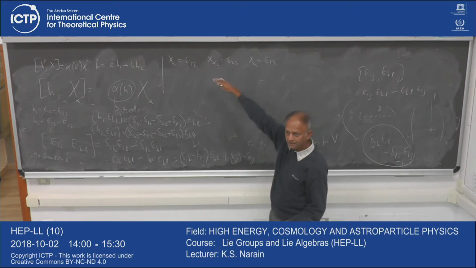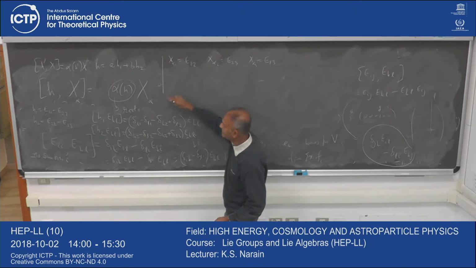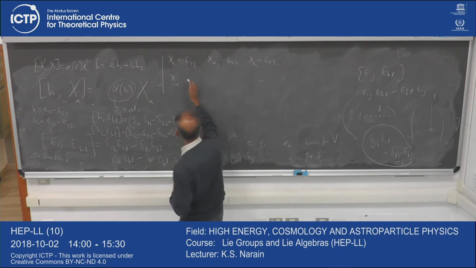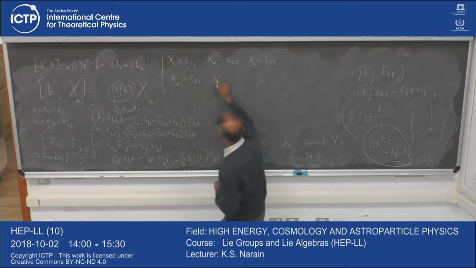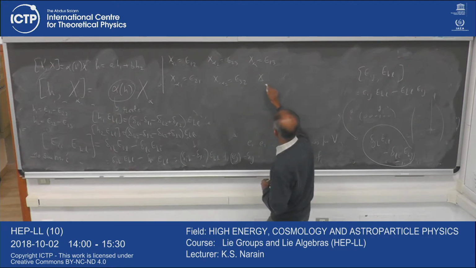These are all upper triangular. And then the transposes of them were the lower triangular. So X minus alpha 1, this is just a convenient notation as we will see. This is E21. The transpose of that is simply this. X minus alpha 2 is E32, and X minus alpha 3 is equal to E31.